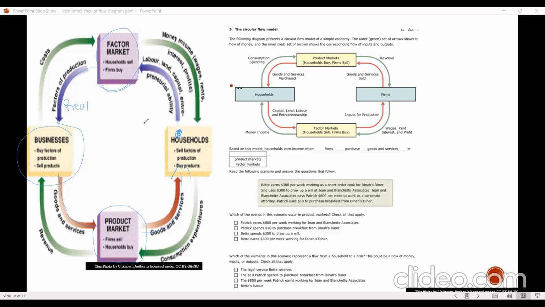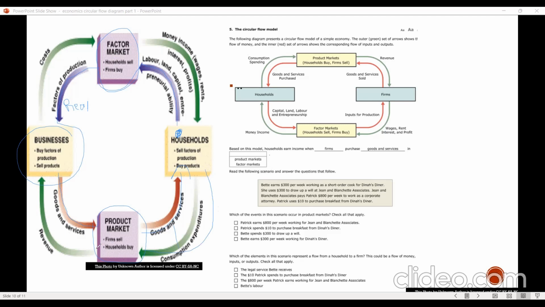Now we go back again. So let's start again at households. Now we are going to look at the money flow, right? Households, what are they going to do now? Okay. Households, they spend. Households spend in the product market to get these goods and services.